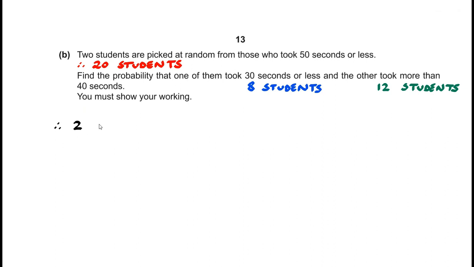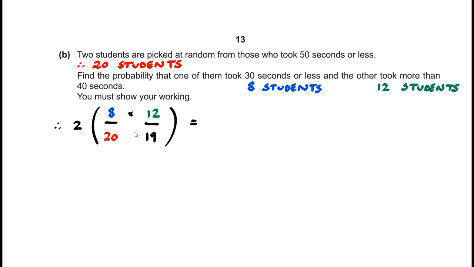So that's why we will have 2 multiplied by, well, here we would have 8 over the 20 multiplied by the 12, and then if we take a student, we're not going to count him again, so we have 12 over 19. And if we work this out, let's see what we can simplify.